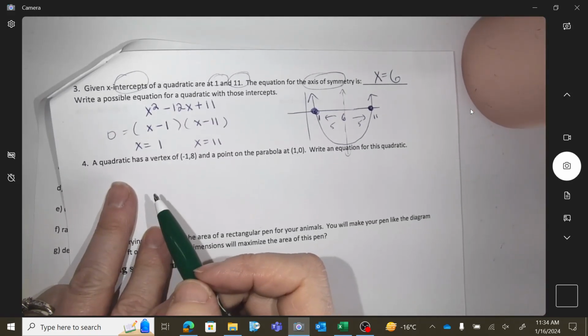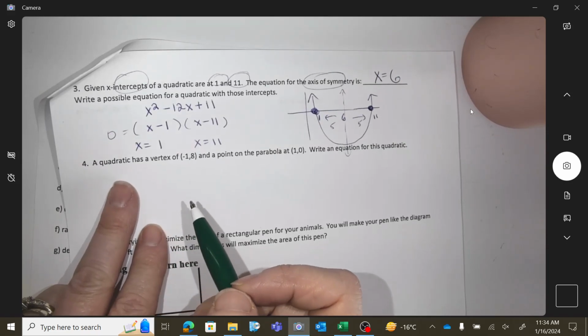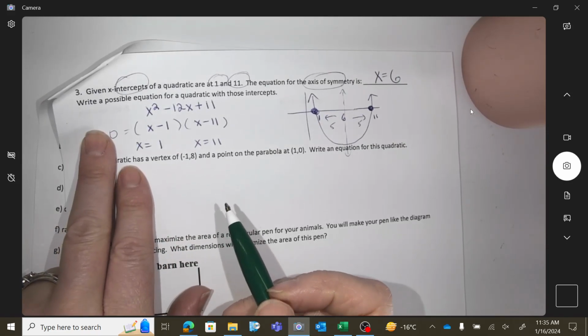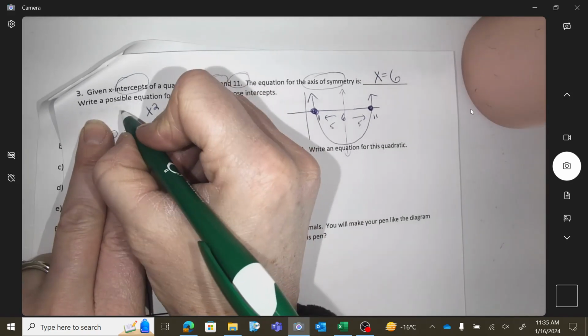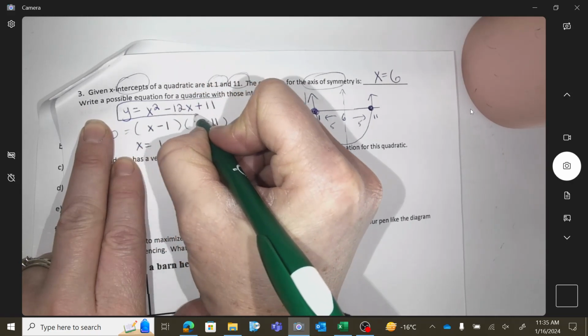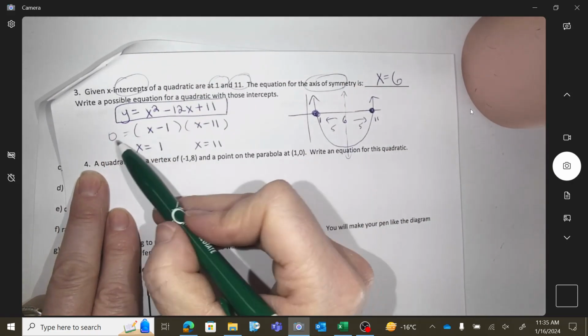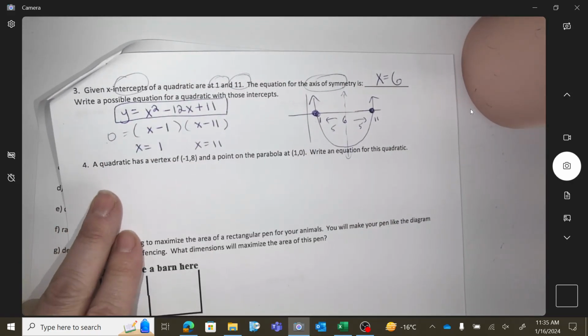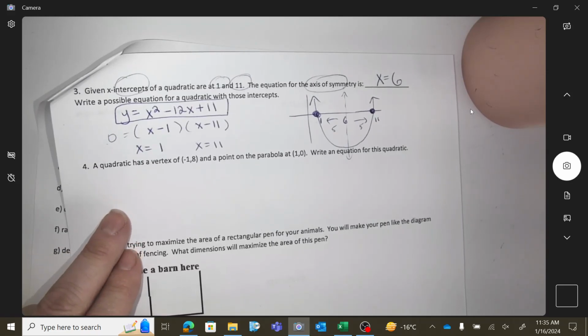And why would I mark this person a partial mark off right now? What are they missing? Actually, now I want a y equals. When I started the factoring, I made y be 0. Okay, but now you want a y.